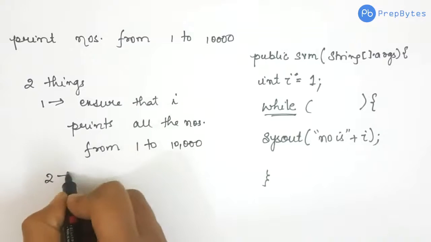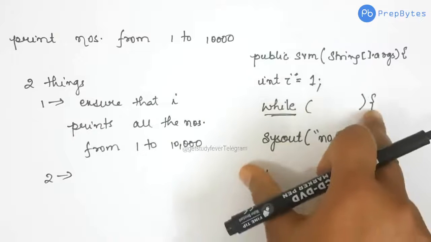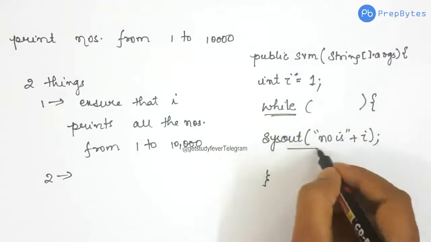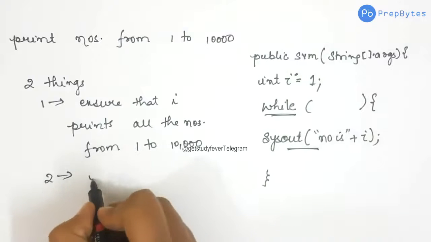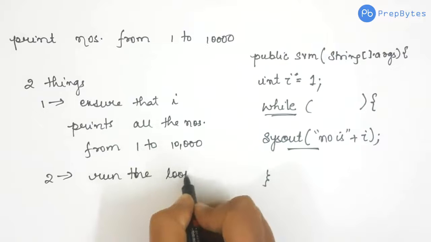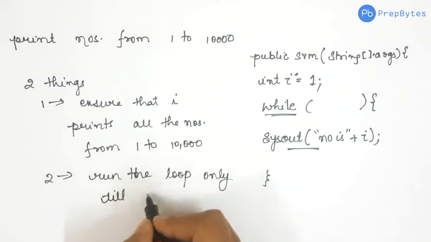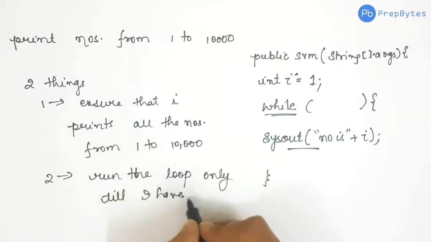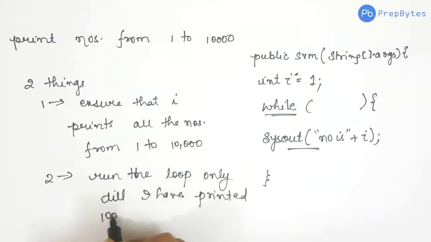And second, this loop is something repetitive, it will be executed again and again. So my second agenda is to run the loop only till I have printed 10,000.